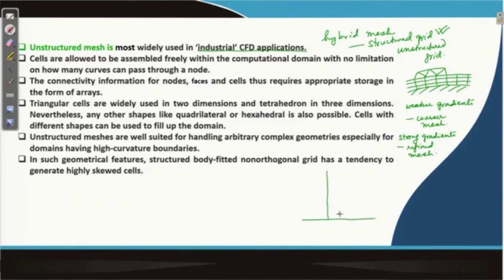if you have a velocity profile which looks like this close to the wall, then you can expect that only a very refined mesh will capture the large gradients which are existing here close to the wall. So, if you were to have a very coarse mesh where the grid points are so far apart, you will not be able to capture the gradients satisfactorily.